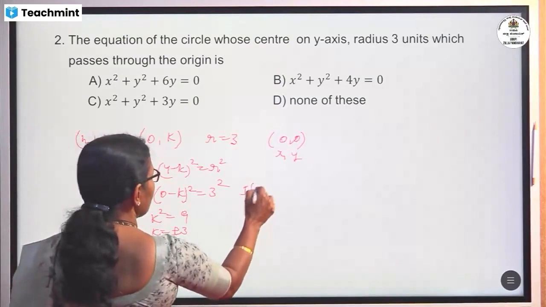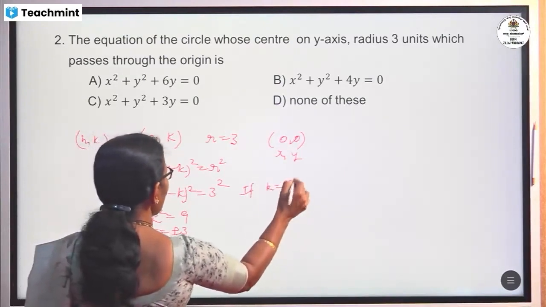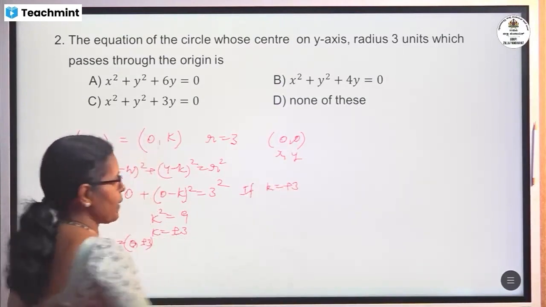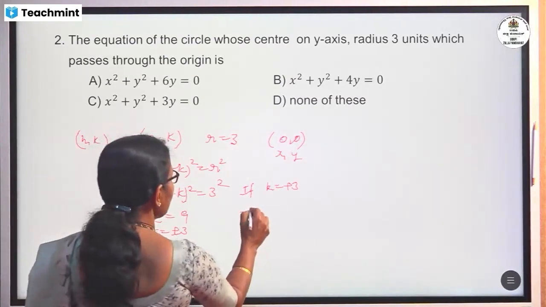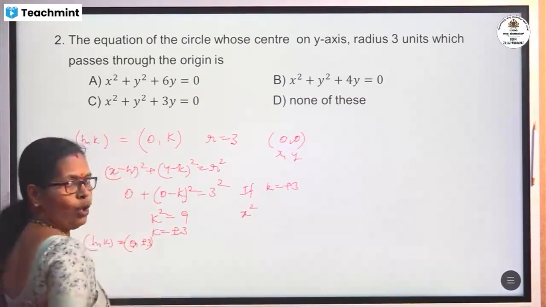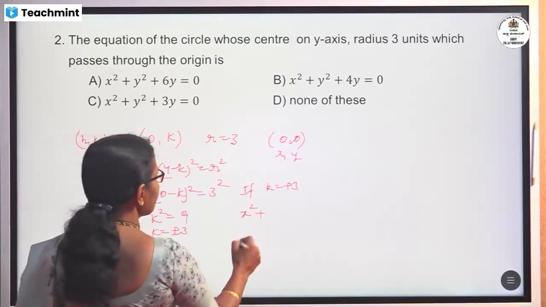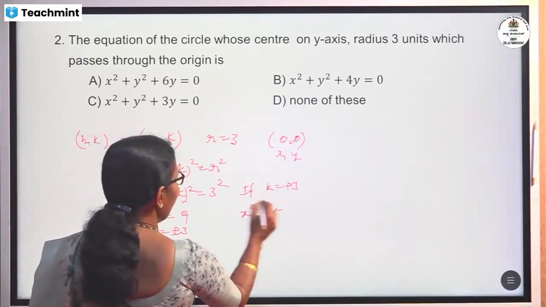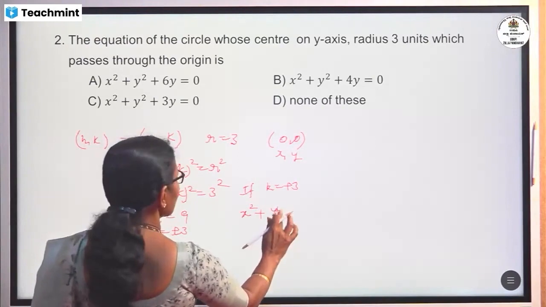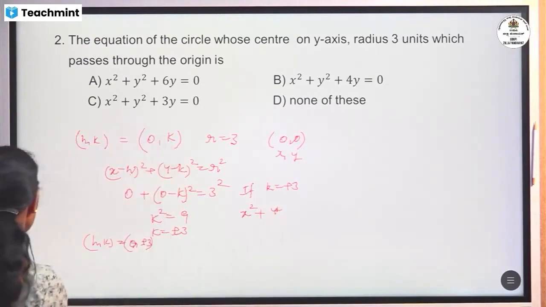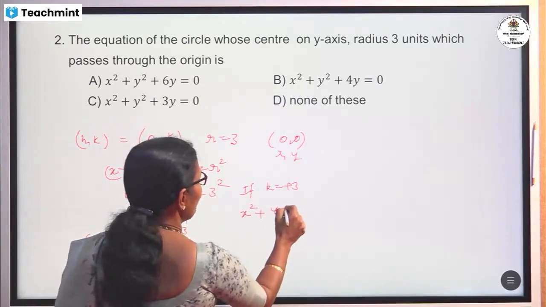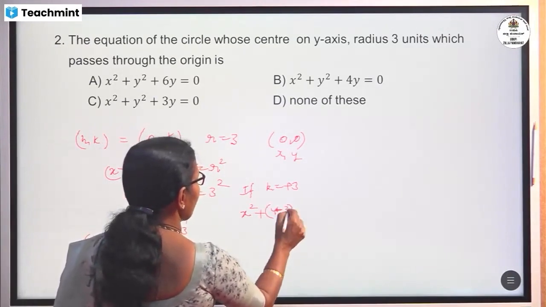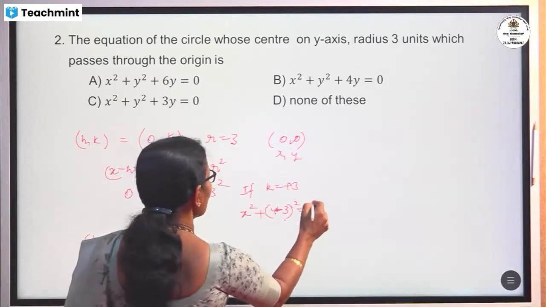If k is equal to plus 3, then the equation of the circle is x square, because h is 0, plus y minus 3 whole square is equal to 3 square.